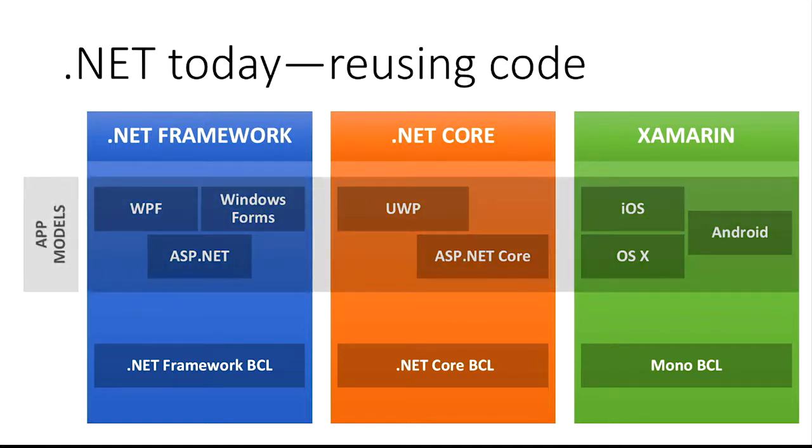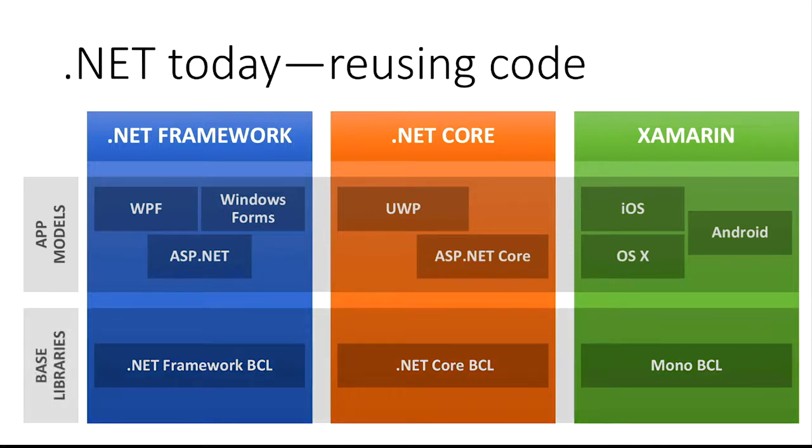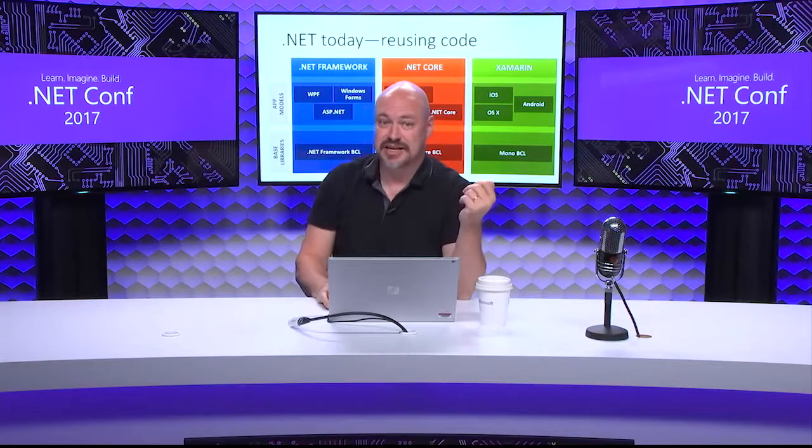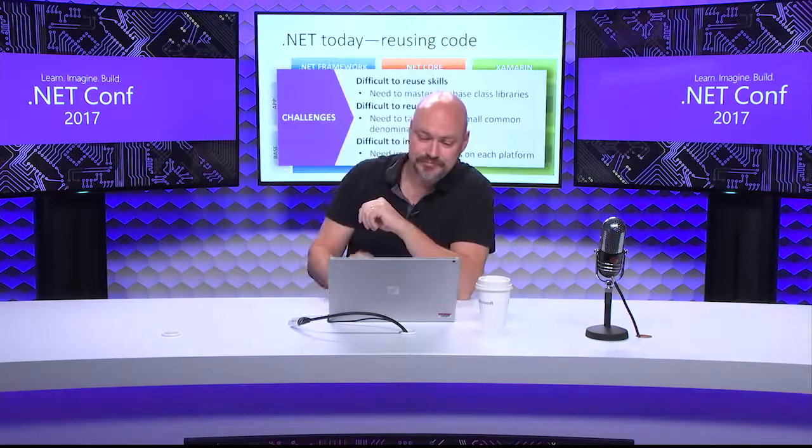So we've got these different app models, and that makes sense. We're building things that some run on web, some run on mobile platforms, et cetera. That makes sense, that code's different. But we've got different base class libraries, and for you as a developer, that doesn't make a lot of sense. It also isn't great for us at Microsoft as we're developing these.